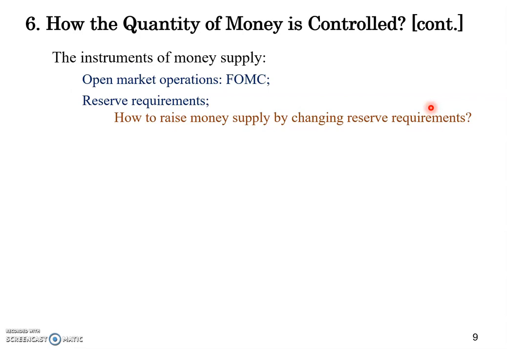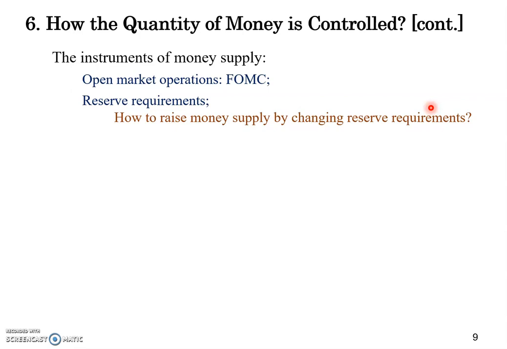If the Fed lowers the reserve requirement, let's say from 3% to 1%, then for every $100 the Bank of America receives as a deposit, there will be $2 more available for BOA to lend out, right?